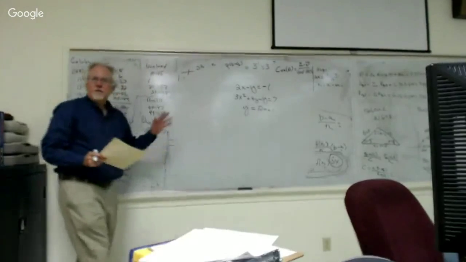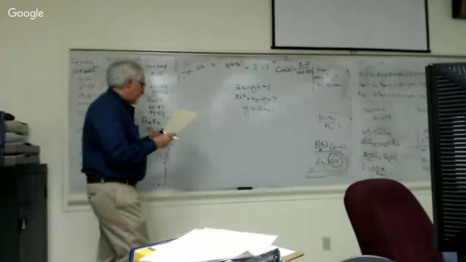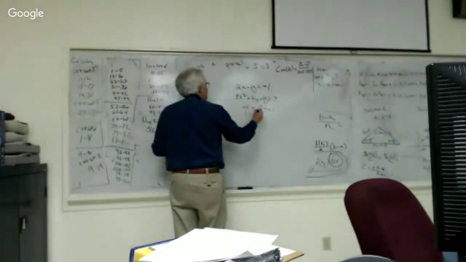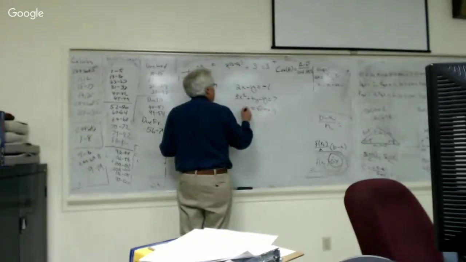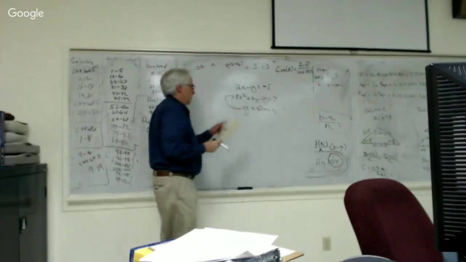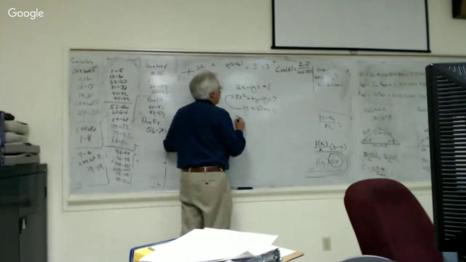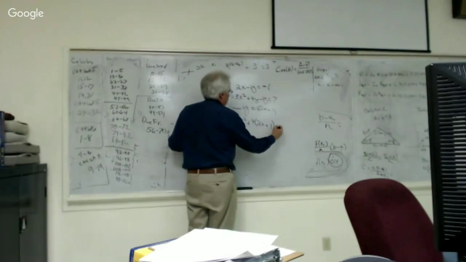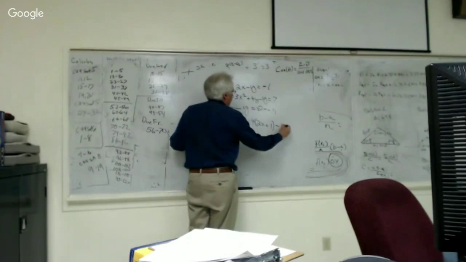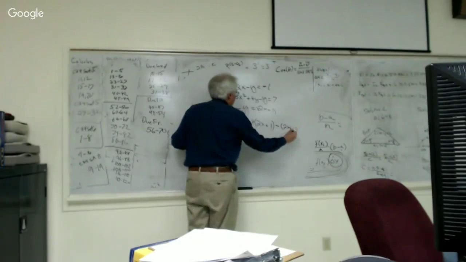We're all together on this? Now, what do I do with this? Plug it in for y, into the other one. So I have 3x squared plus 4 times parentheses 2x plus 1, minus 2 times parentheses 2x plus 1.